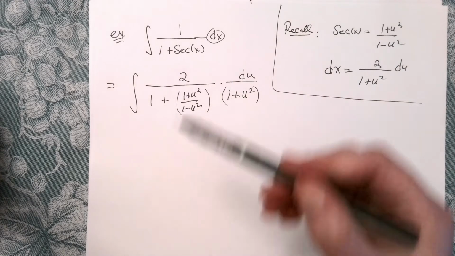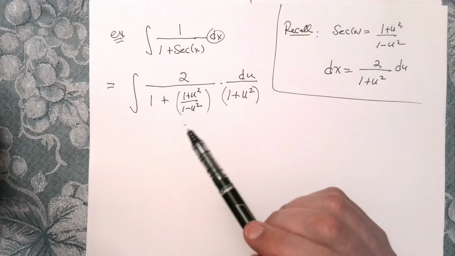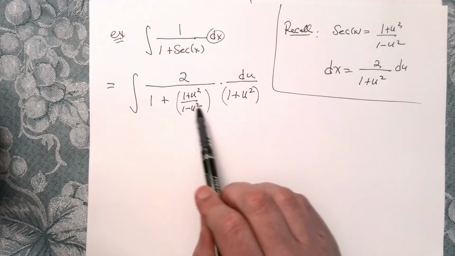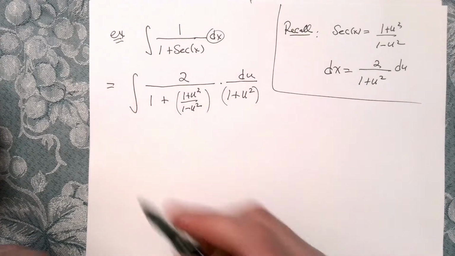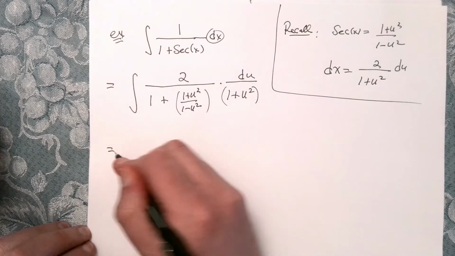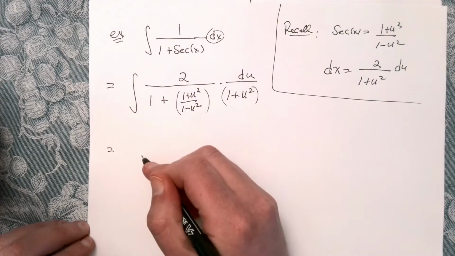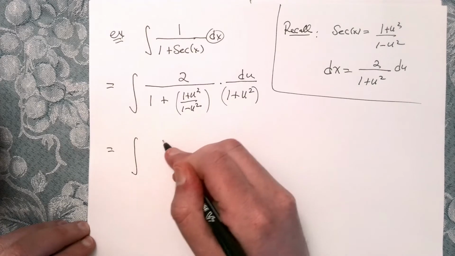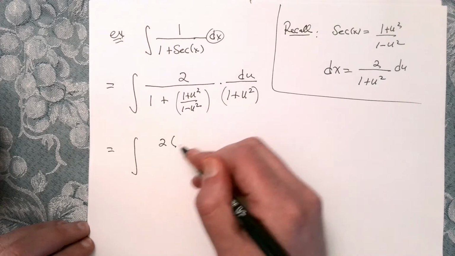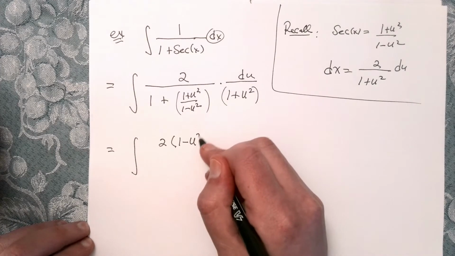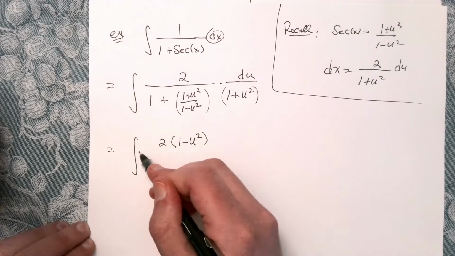I'm not a huge fan of these complex fractions that are going on here, so I'd like to get rid of that. So let's go ahead and multiply the top and the bottom by this quantity, again with the hopes of getting rid of the complex fractions. And so I'm going to multiply the top by this 1 minus u squared.